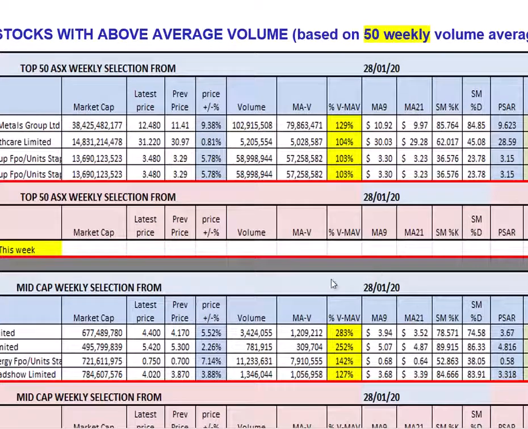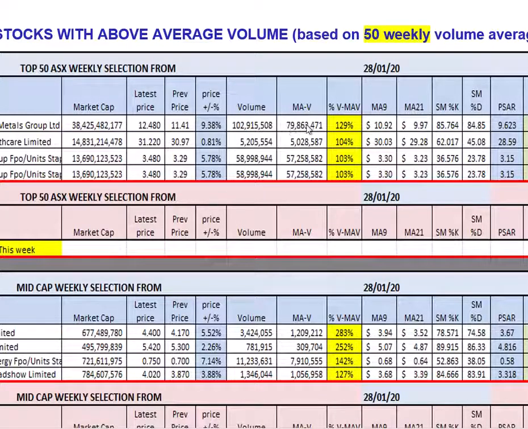Last but not least, we like to show you that there is an important part of our research, volume. What we see on the chart at the moment, week on week, is all the companies of the top 50 stocks that happen to have excessive volume. For instance, Fortescue last week had 130% or 129% above its average volume.